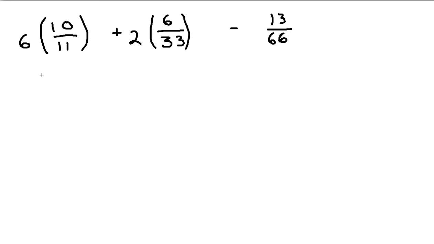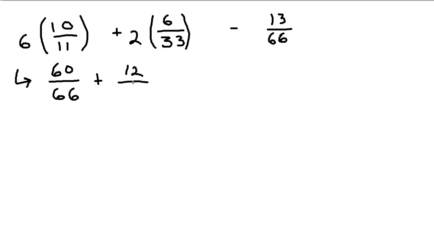So 6 times 10, we'll just go ahead and show an arrow so that we're going down. 6 times 10, that's going to be 60. So we're going to have 60 over 66. Then we're going to go to the next fraction. 2 times 6 is 12.